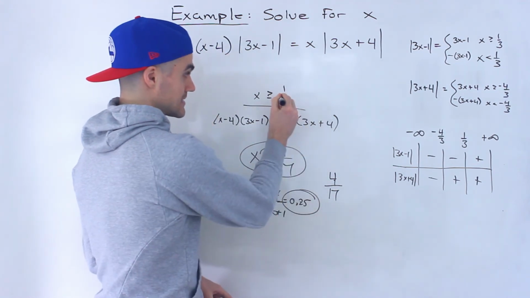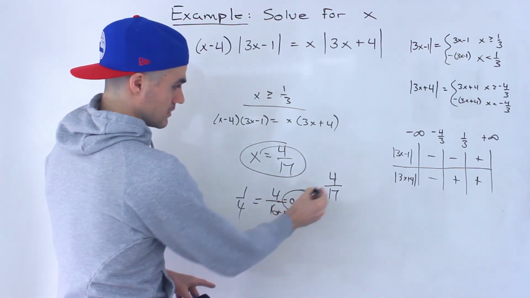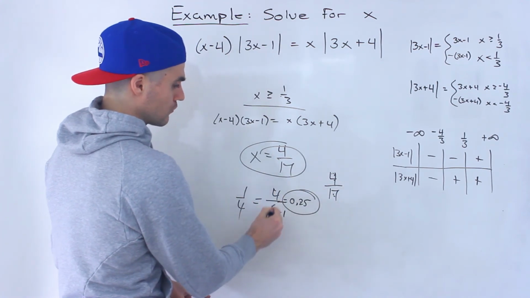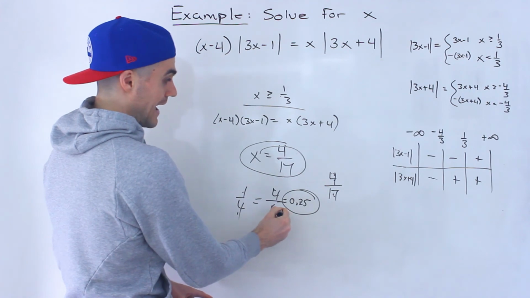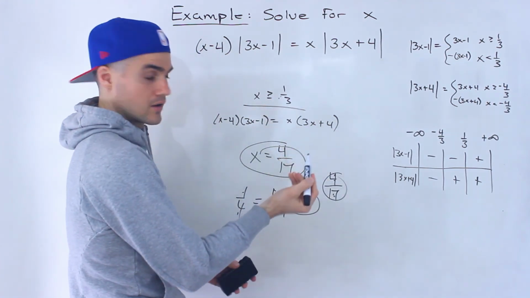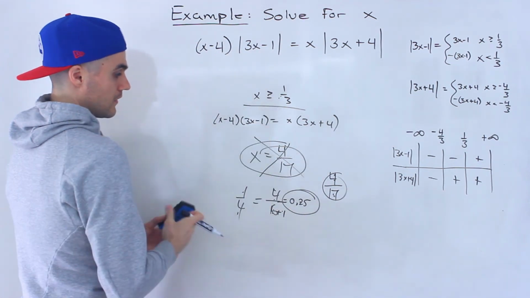And this is already less than this. Right? So just by deductive logic, 4 over 17, it's tough to see what that fraction is going to be, but if we do 4 over 16, 1 over 4, or 0.25, it's already less than this, so if we add 1, this is going to be less than this, which is less than that. Right? So 4 over 17 does not work on this interval.